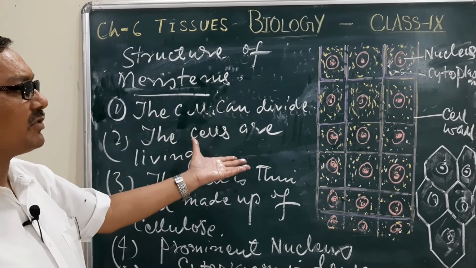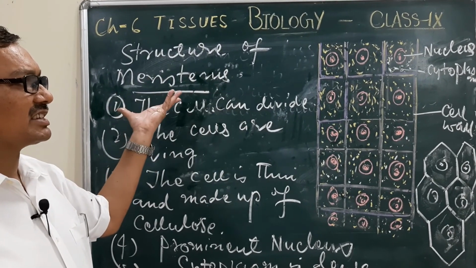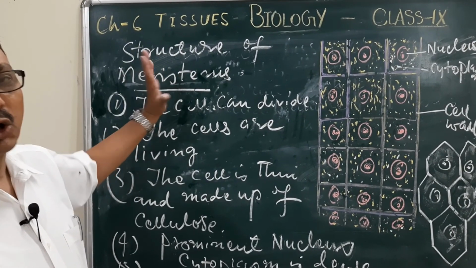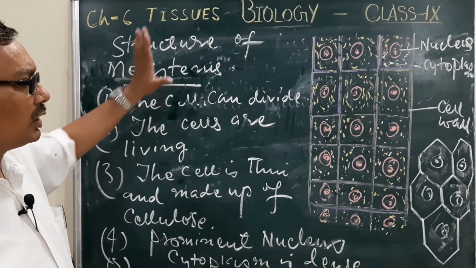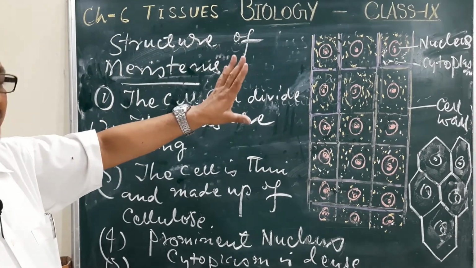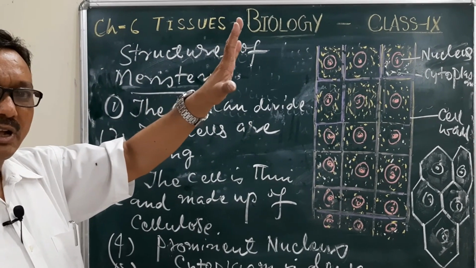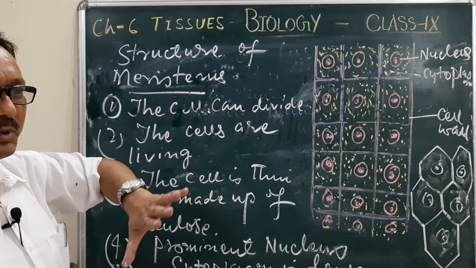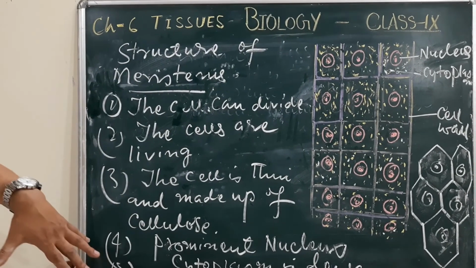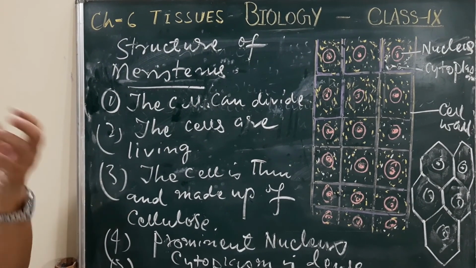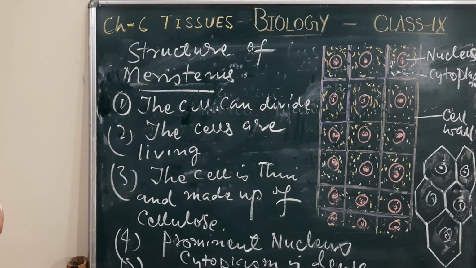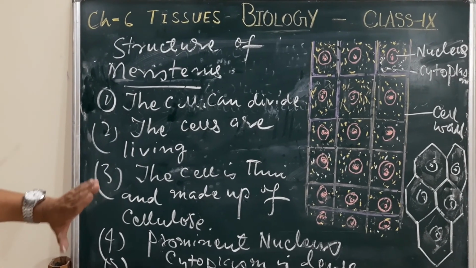One important function is that it takes part in the growth of the plant body, all along the plant body where it is present. It may be present in the root tips, stem tips, and the apices of the different parts of the plant, and all those are mainly concerned with growth. That is okay for today's lesson.